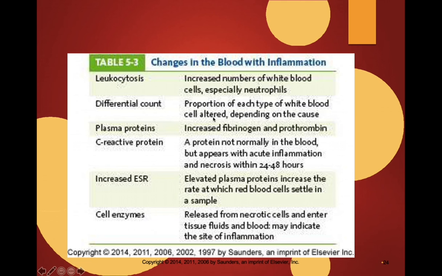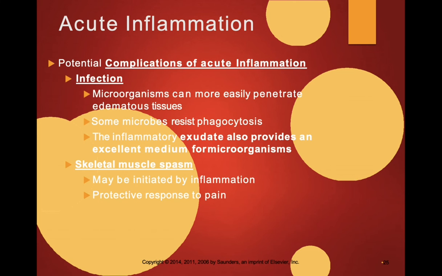So depending on which cell goes up, it helps to direct as to what is the possible cause. Okay? And then cell enzymes, these are released from necrotic cells, right? As cells start to die, they become necrotic. Necrosis is cell death, and they enter the tissue, fluids, and blood. That can also indicate a local site of inflammation.